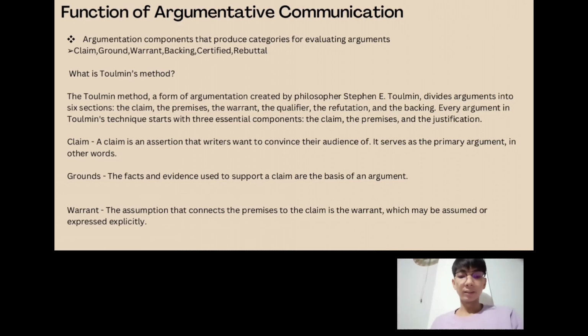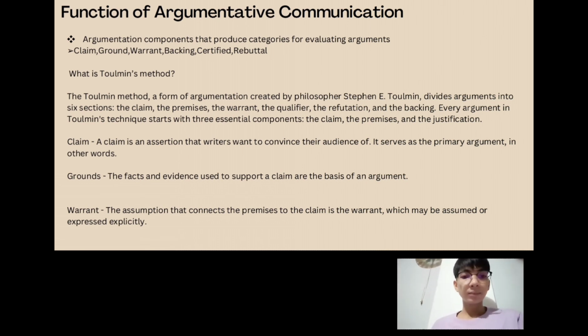Toulmin argument. What is the Toulmin method? Developed by philosopher Stephen E. Toulmin, the Toulmin method is a style of argumentation that breaks an argument down into six component parts: claim, grounds, warrant, qualifier, rebuttal, and backing. In the Toulmin method, every argument begins with three fundamental parts: the claim, the grounds, and the warrant.